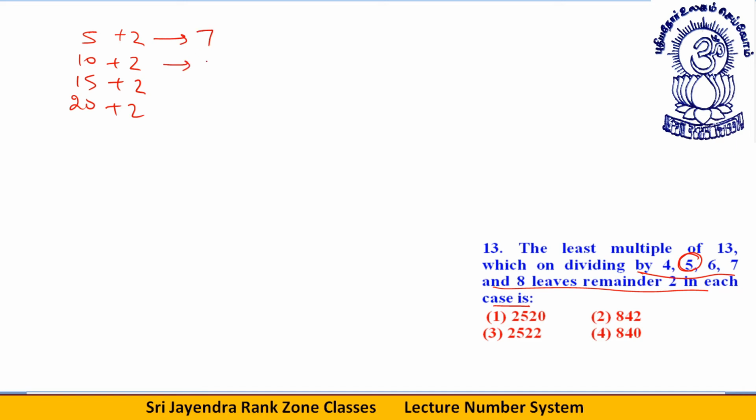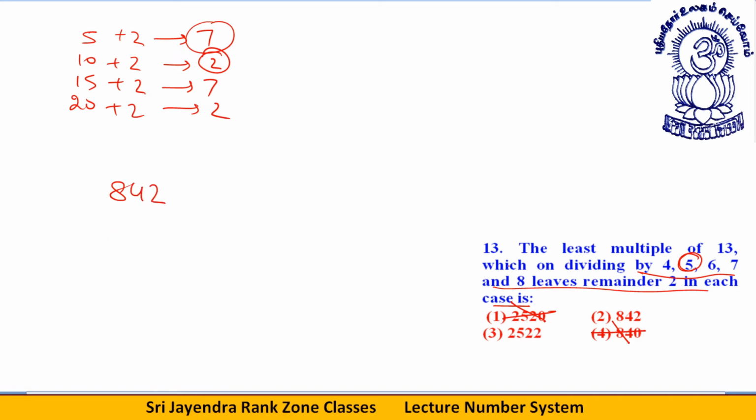The unit digit will be either 7 or 2. Okay, dear students. So this option is rejected. Now we have 842 and 2522.